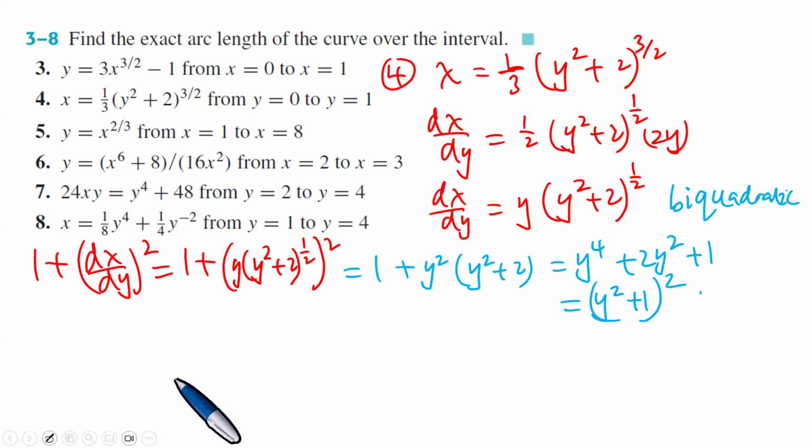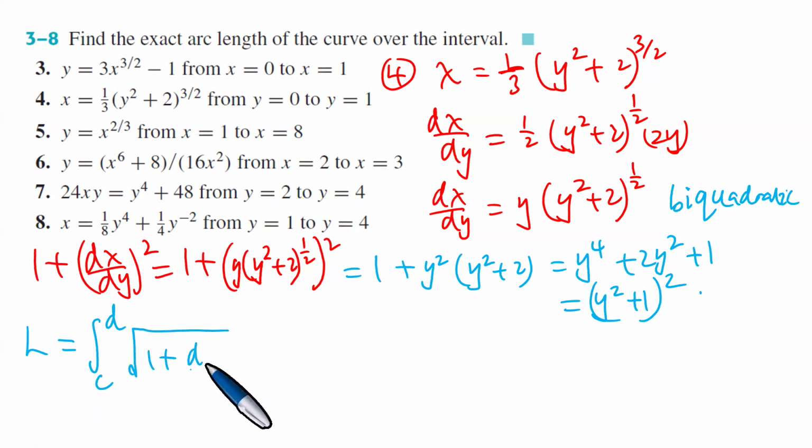We're good. Sure that you can see that you can get 100% in this section. But now we got exactly these here. So we're doing the 4th one. So which means that the arc length is the integral from C to D of the square root of 1 plus dx dy, you square it.